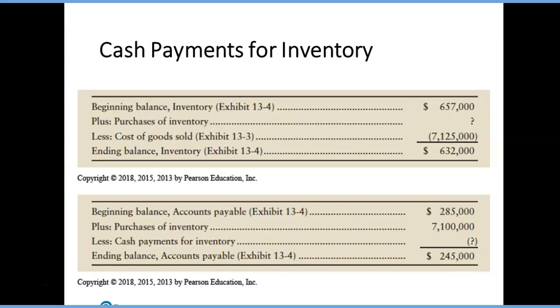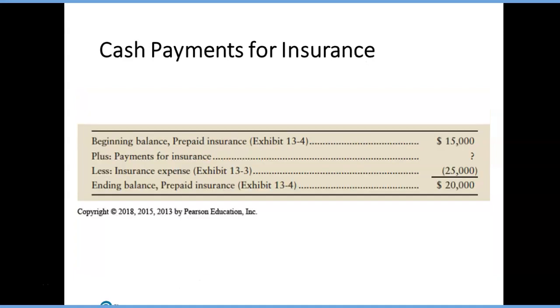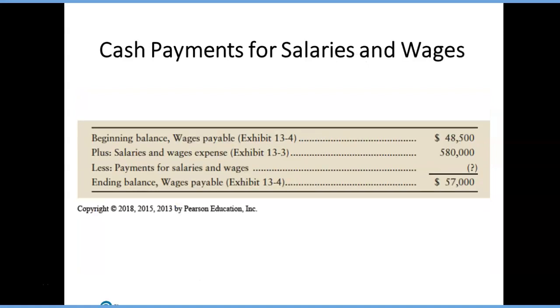Cost of goods sold is one of those items that you have to analyze and consider, because its relationship between a payable and cash and inventory could allow you to deduce what you paid in cash. And same thing here, using cash payments for wages is another way to back into it by just analyzing the wage payable account. When you see your liability for wages go down, you have to say, I don't owe that money to my employees.